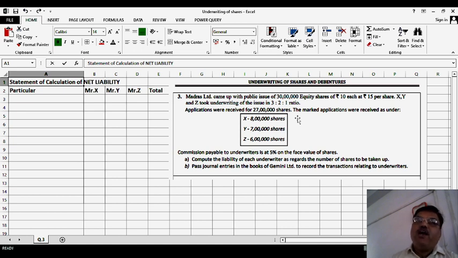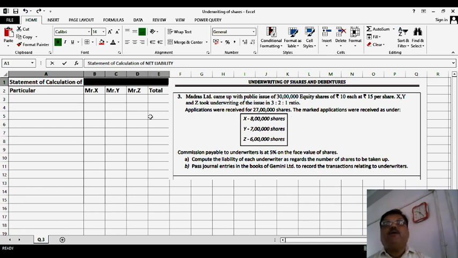Underwriters. So balance is 3 lakh shares. कितना शेयर बचा है? अभी 3 लाख शेयर्स के लिए एप्लीकेशन आया ही नहीं है. तो वो 3 लाख शेयर्स के लिए कौन अप्लाई करेगा? अंडरराइटर्स. कौन से रेशो में और कौन सी लायबिलिटी में? That will give you this particular statement.